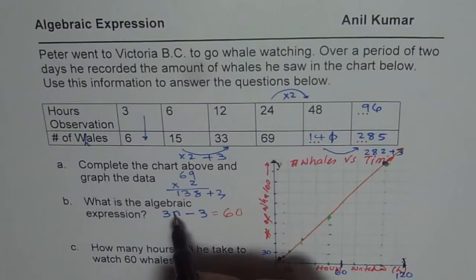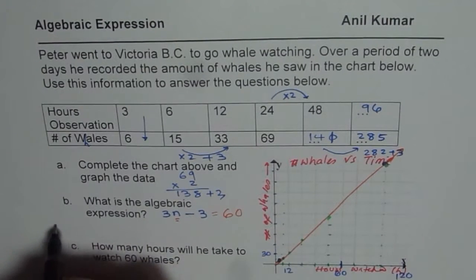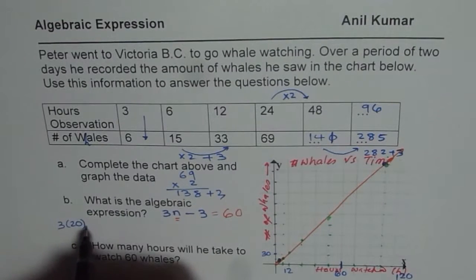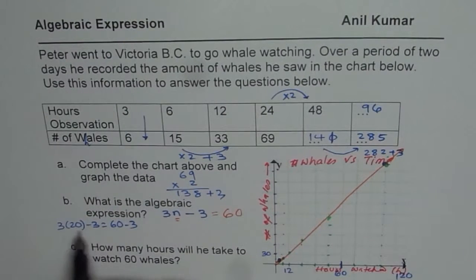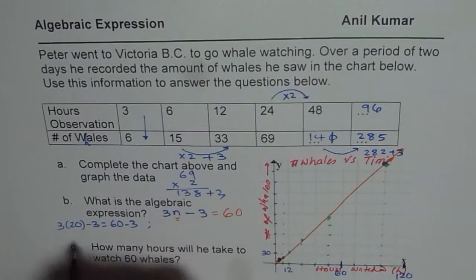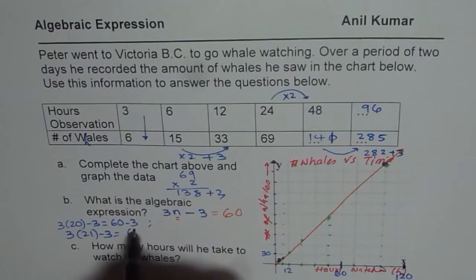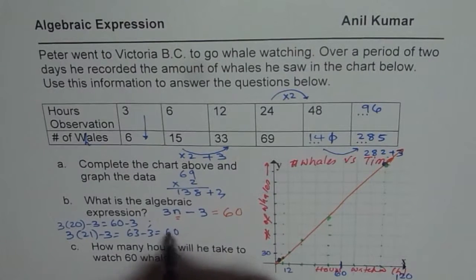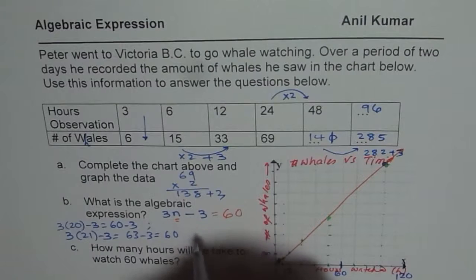If I take n as 20, I can calculate 3 times 20 minus 3. 3 times 20 is 60, 3 less, so it is one more than that, right? So for 60 it could be 21. So I'll try 21: 3 times 21 minus 3. That is 63 minus 3, and that is 60. Correct. So we get our answer, n equals 21.